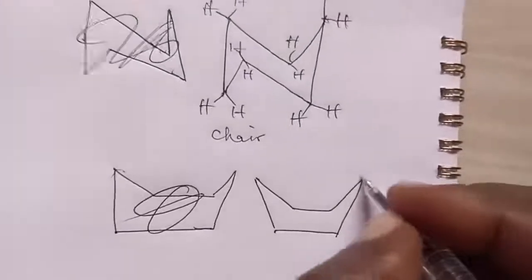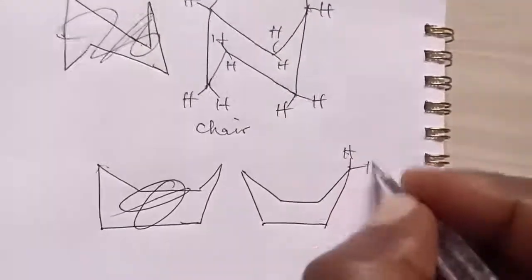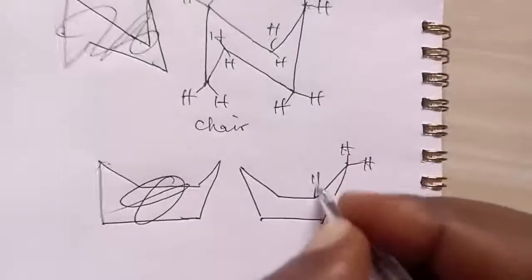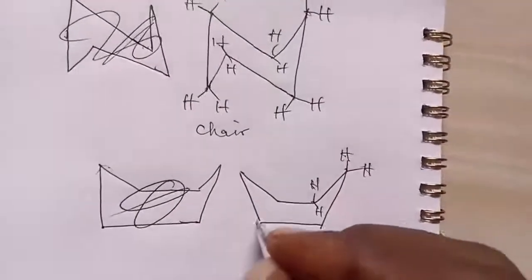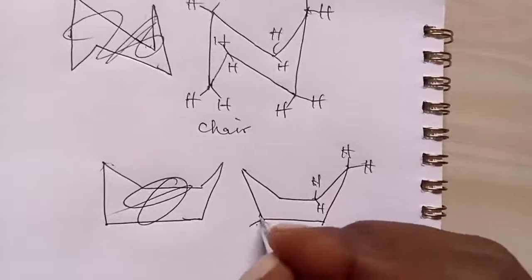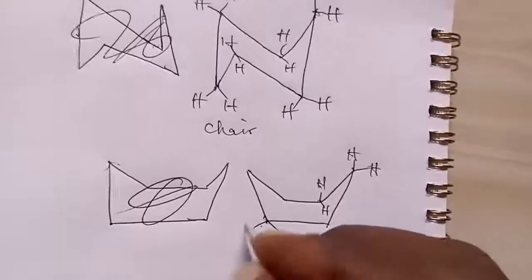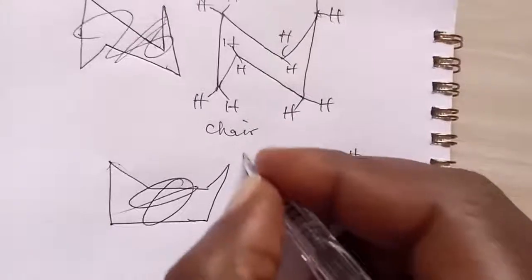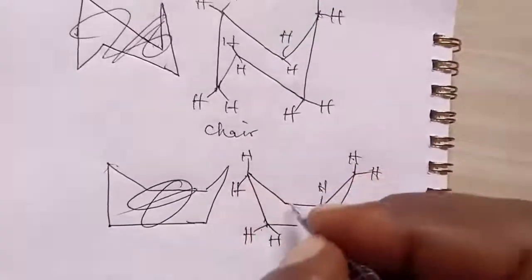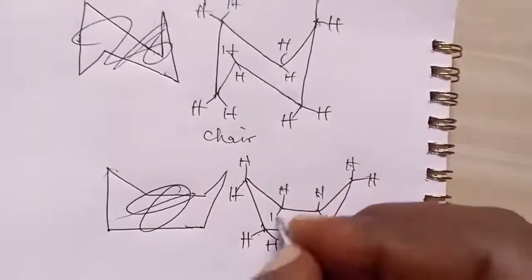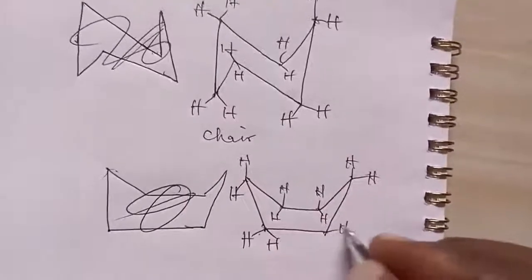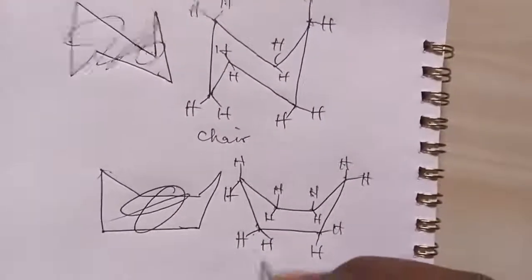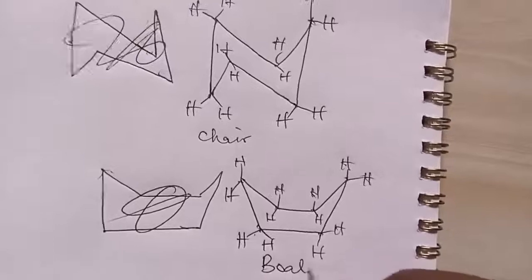This is the boot conformation. The chair is more stable than the boot. So this is the boot conformation.